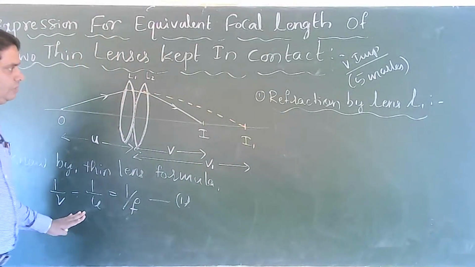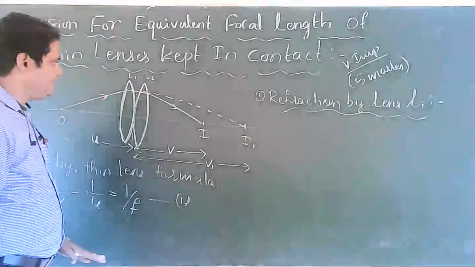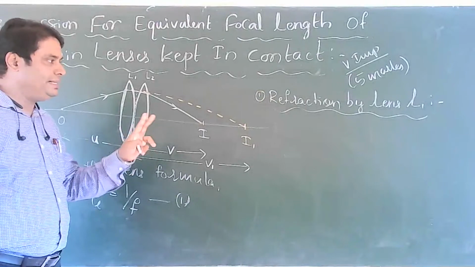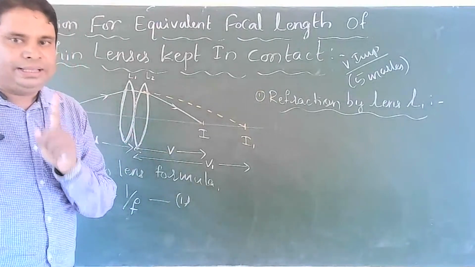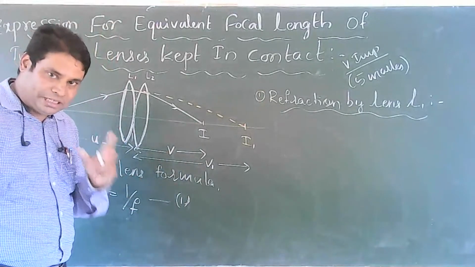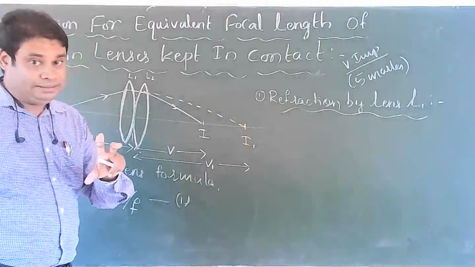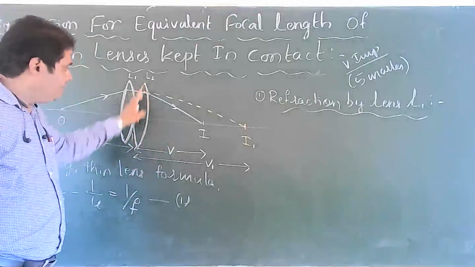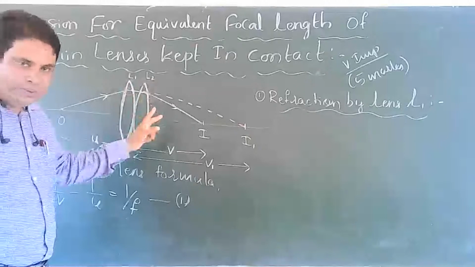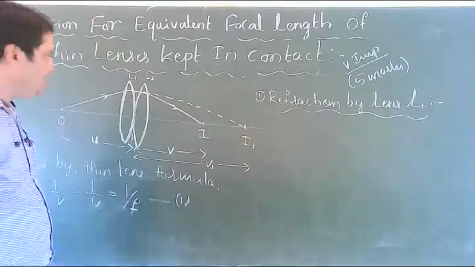This is the lens formula. We have to extend this formula for the first lens. Refraction by lens L1, of course, in the absence of lens L2. We have to express this formula in the presence of lens L1 alone.